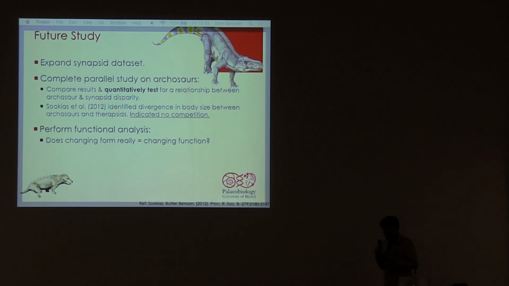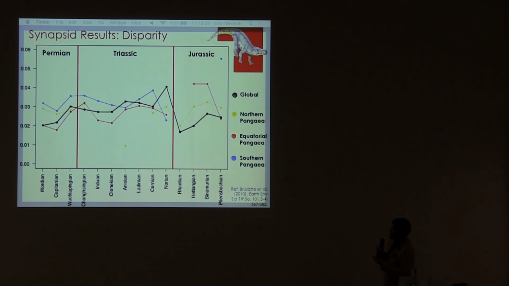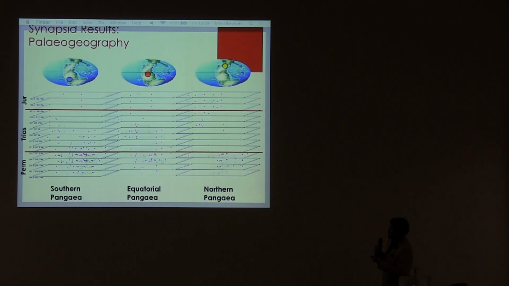And of course, one other thing to bear in mind is that, yes, we're seeing shape change, but does this really relate to a change in function? Does this actually relate to a change in diets, perhaps? Well, we'd like to think so, seeing as, if I were to go back a moment, we can see that there's a clear break between areas of herbivory and then carnivory in the sort of top right.